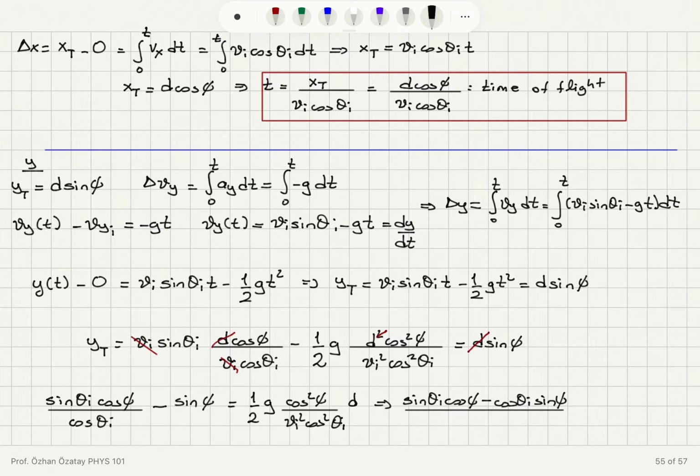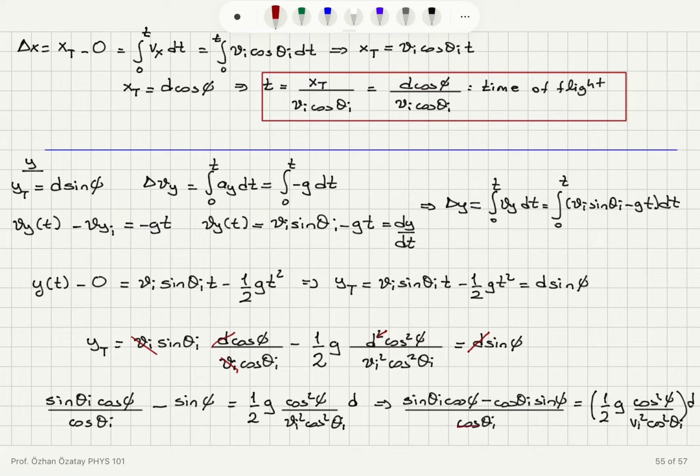divided by cosine theta I is equal to, in parentheses, 1 over 2 g cosine square phi divided by vi square cosine square theta initial times d.